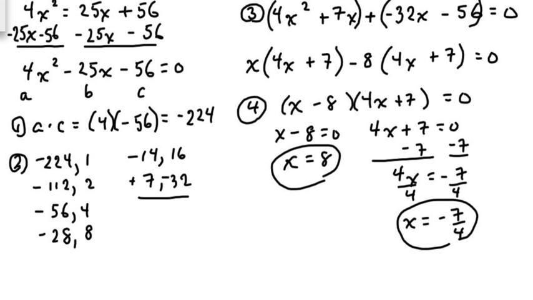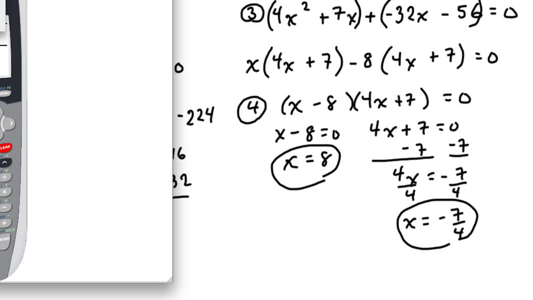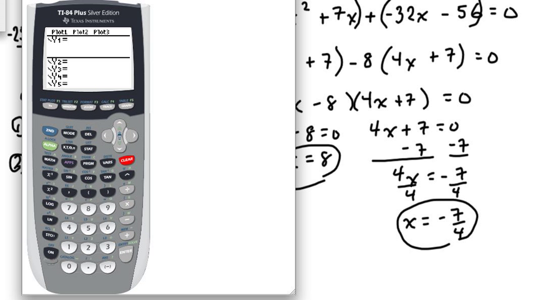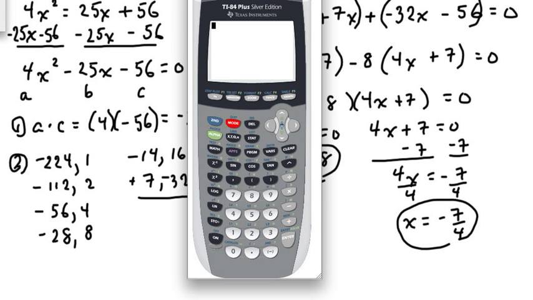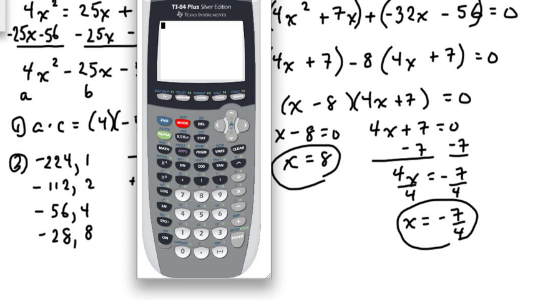All right, next thing is to use a graphing utility in order to verify these answers, and we're going to do it very simply. Going to take our calculator here. All right, and we're going to just go to a regular screen. So our equation is 4x squared minus 25x minus 56 equals 0. Therefore, what that means is if we plug in 8 or negative 7/4 into this equation for x, we should get 0.